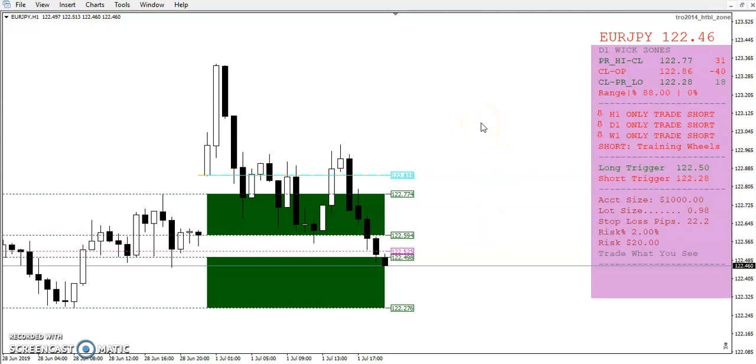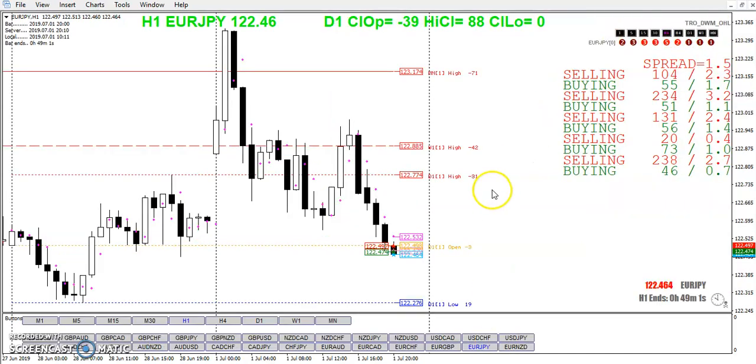In fact, one of my good buddies, shout out to John, says out of everything I've done, he just really likes the wick zones. And as you can see, just trading price at these horizontal lines, the direction of the cross, proved to be profitable.